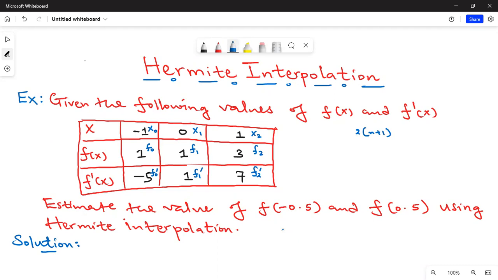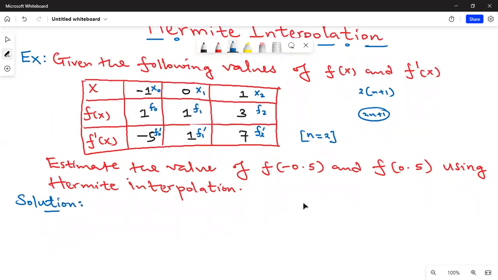So then it means that our polynomial must be of degree at most 2n plus 1. That's the degree of the polynomial, at most 2n plus 1. Now when you look at our table, n is equals to 2. From this table, n is equals to 2. So therefore, what is the interpolating polynomial for this kind of data?